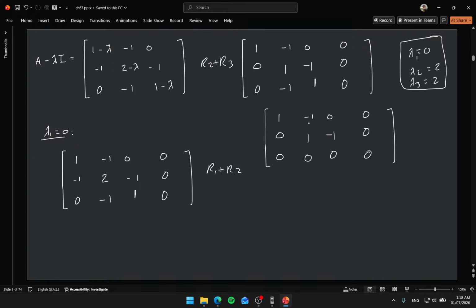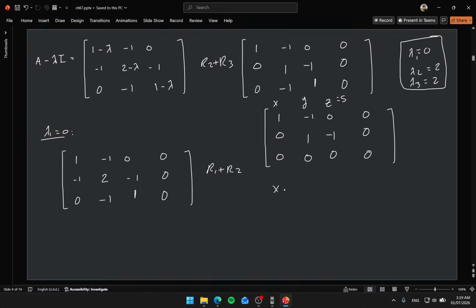And you can do more, but actually it doesn't matter, because if you mess with the row, then this will change. So leave it as it is. You name this x, y, z, but notice that x has a pivot, y has a pivot, but z doesn't. So z is a free variable. So we call it, let's say, s.